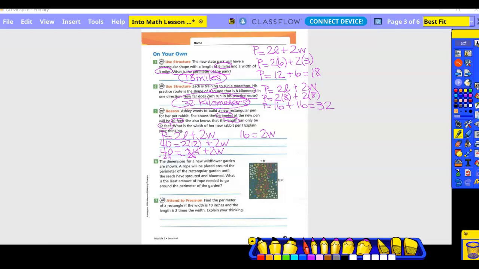How do I get W by itself? They're multiplying the 2 and the W, so to get it by itself, I divide. So what I do on one side, I do on the other side. So W equals 8. So the new pen would be 8 feet for the width.